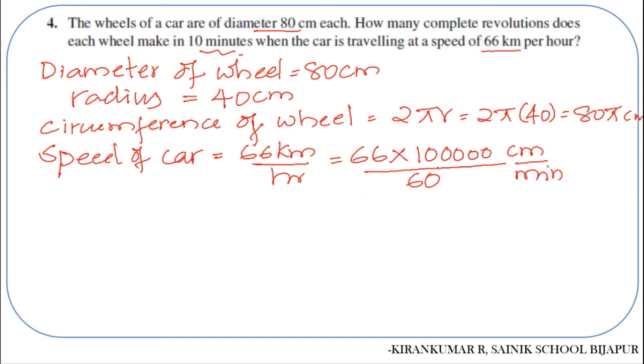We can simplify, one of the zeros gets cancelled here. 11 times 6 is 66. So we get 1,10,000 centimeter per minute. What does it mean? It means that in a minute, the car can travel 1,10,000 centimeters.